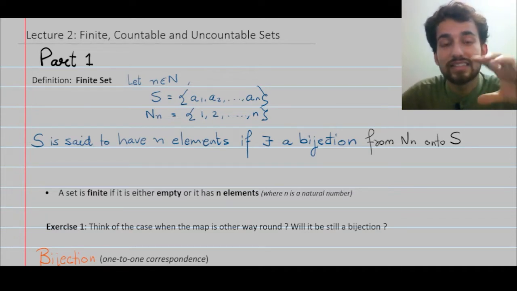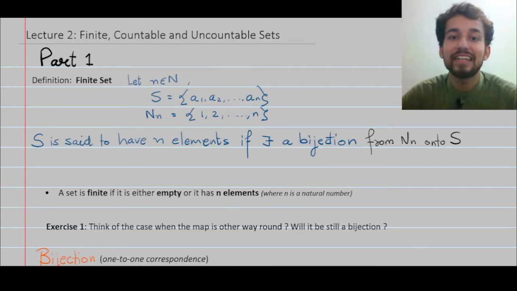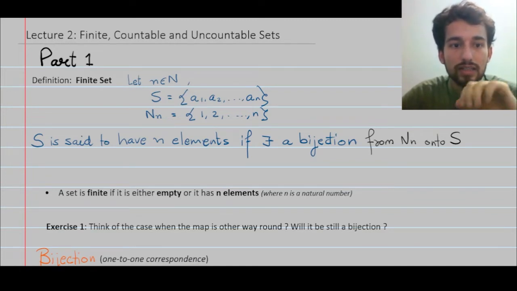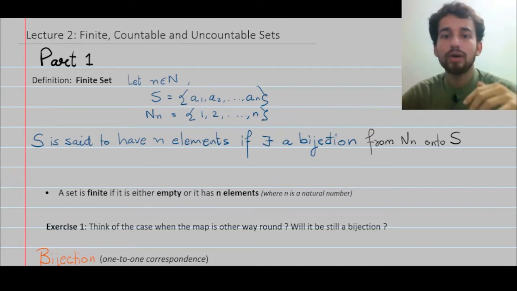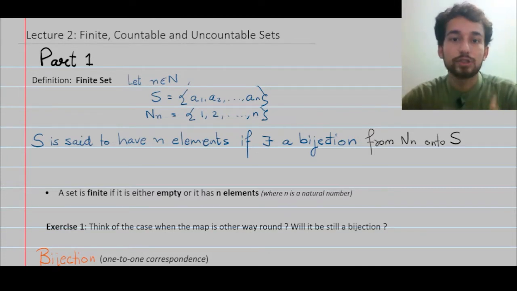A certain roll number is assigned to each and every student, and when the teacher asks whether he or she is present, the teacher asks for that particular roll number. So the notion of a finite set is a very simple notion, but in order to define this precisely, we require some mathematical terminology of bijection.